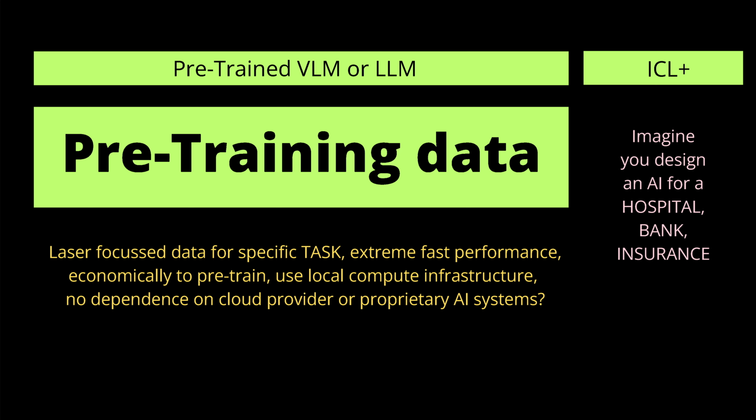I think this opens up completely new avenues for us to design laser-focused AI systems for a particular task. Fast, great performance, economical to pre-train, and then we use in-context learning plus for those systems to adapt to further evolving specific task structures.